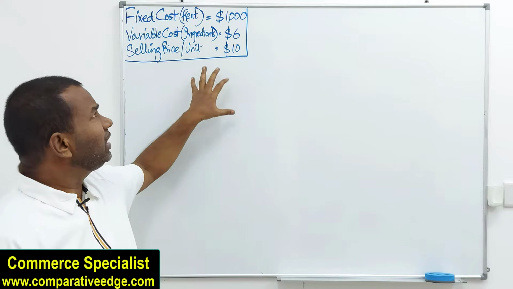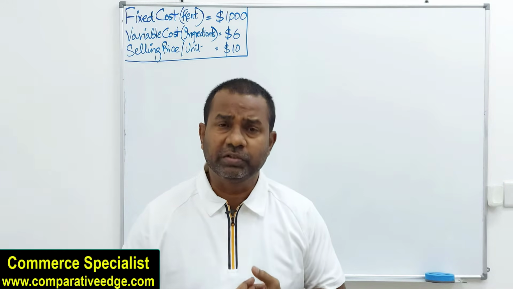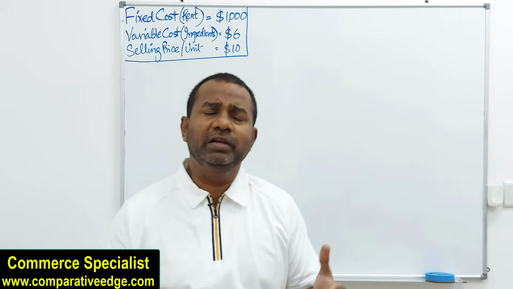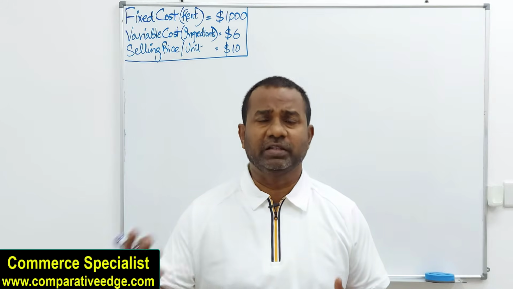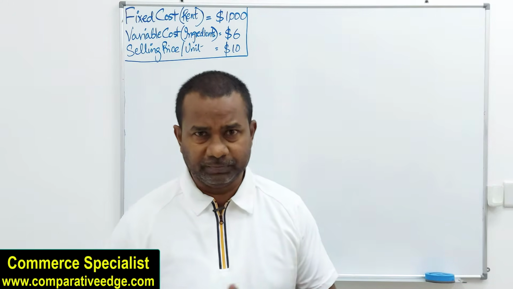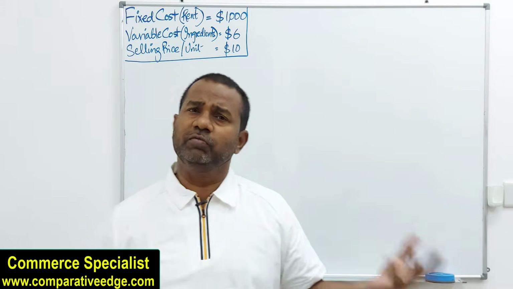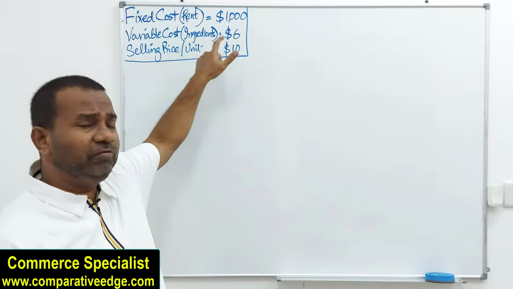Now, we are talking about a restaurant which has a fixed cost, which is rent. Fixed cost is a cost which generally does not change in relation to your activity, your sales, your production. So whether you sell one chicken roll or 10, rent is the same which you have to pay. Whereas variable cost, why we call them variable cost?